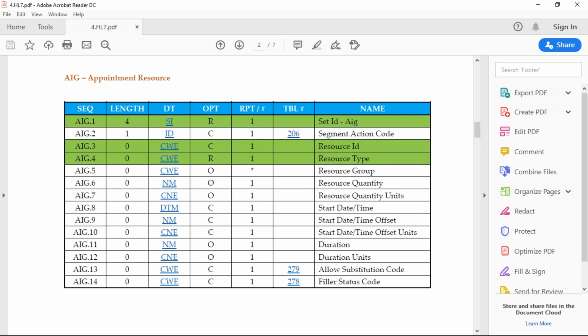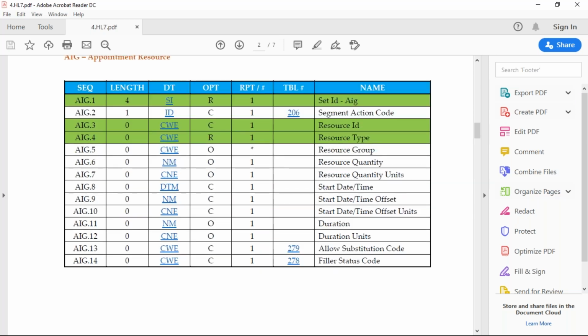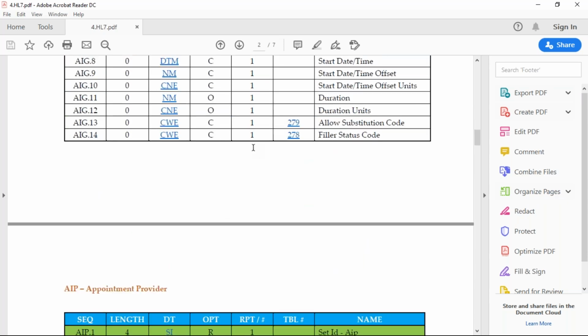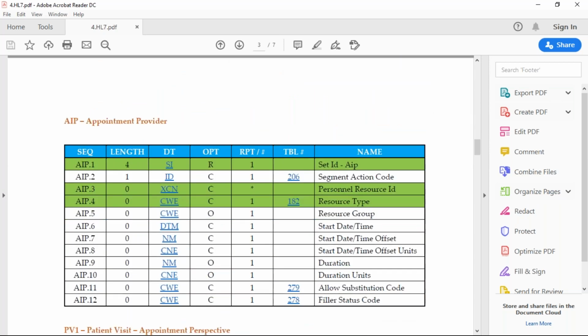So you'll definitely encounter this situation whenever you are implementing an appointment related interface. At times you might see AIG and AIP are the same, and at times you might see they are different, depending on the scenario and the workflow.